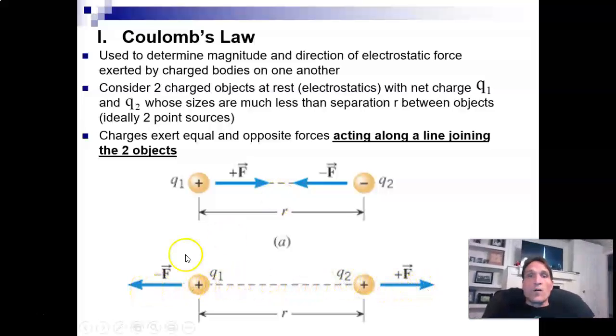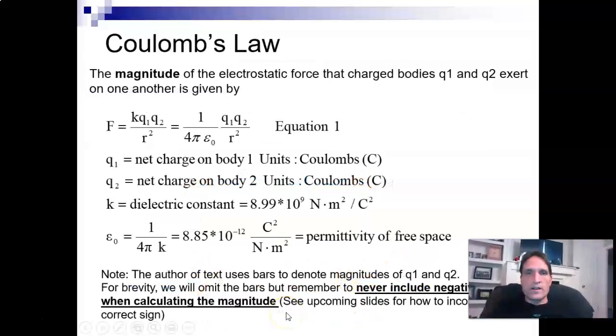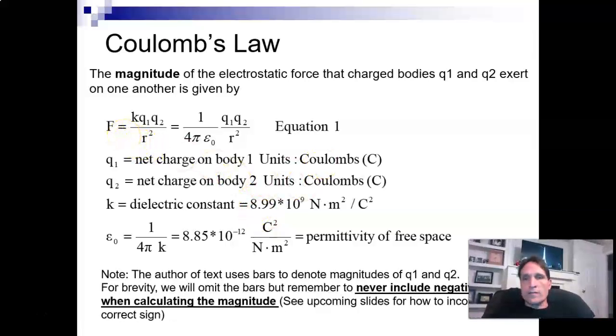Okay, if we know the magnitude of each charge, Q1 and Q2, if we know the net charge on each body, and if we know how far apart they are, Coulomb's law is the equation used to calculate the magnitude of this attractive or repulsive force exerted on the charges by the charges on one another. And it's a pretty simple equation.